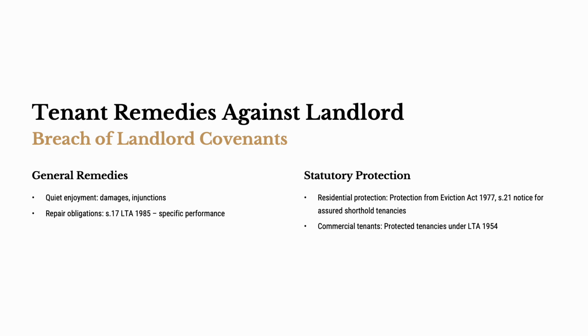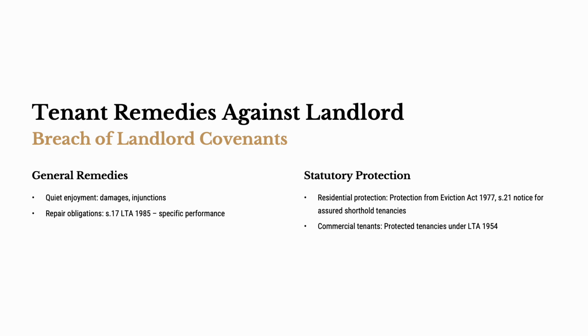For breach of the covenant for quiet enjoyment, for example, tenants can claim damages for interference with possession and enjoyment. Injunctions may prevent continuing interference. Quiet enjoyment does not mean freedom from noise. It means freedom from substantive interference by the landlord.